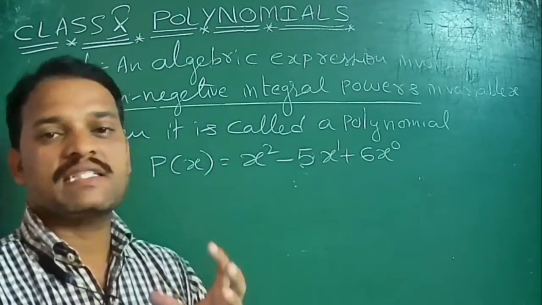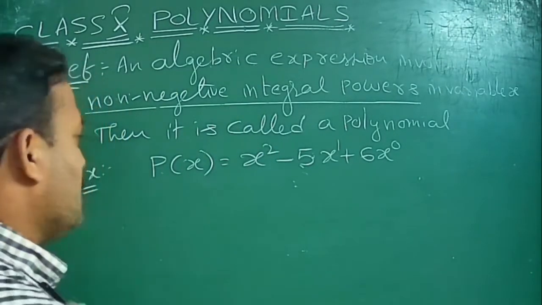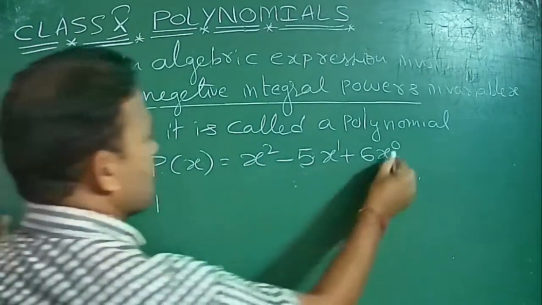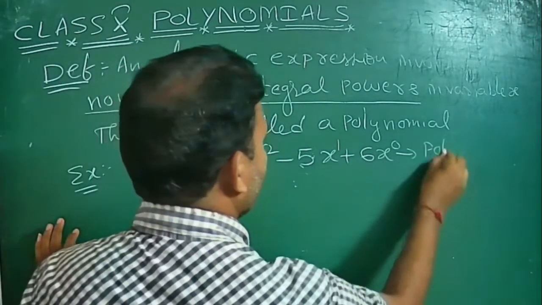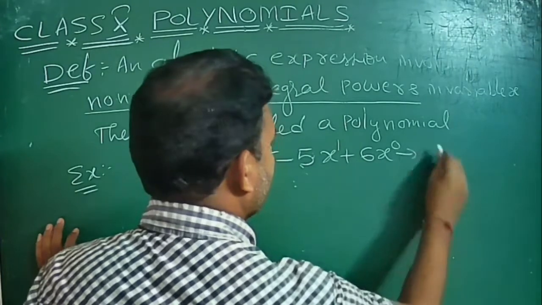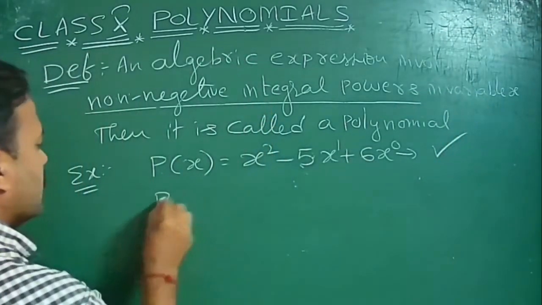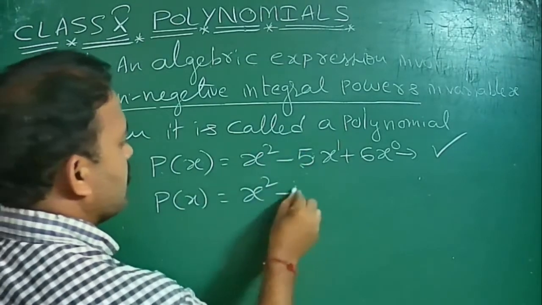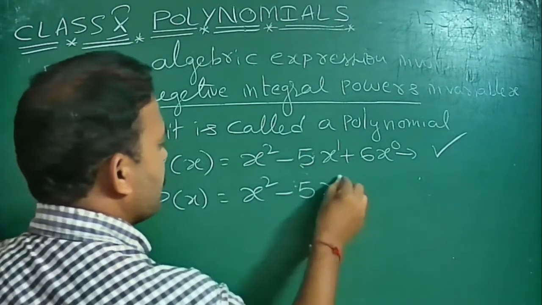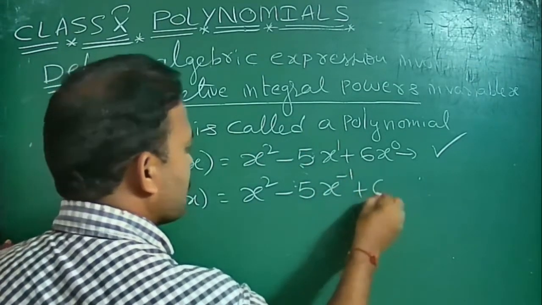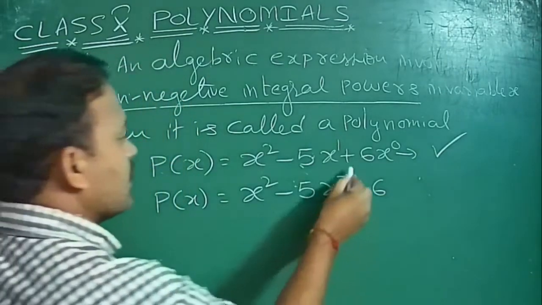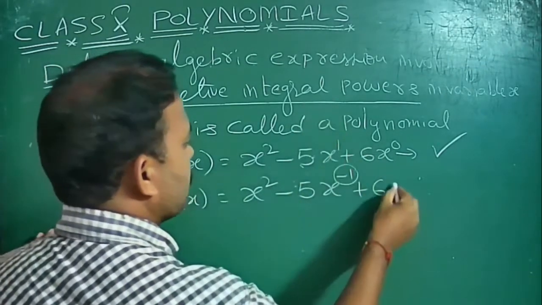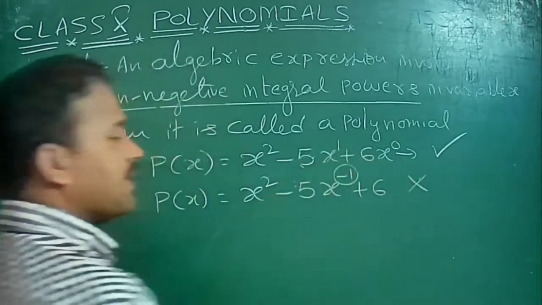Now I want to explain in which cases it is not a polynomial. Take p of x equals x square minus 5 into x power of minus 1 plus 6. Here a negative integer power is there, so it is not a polynomial.